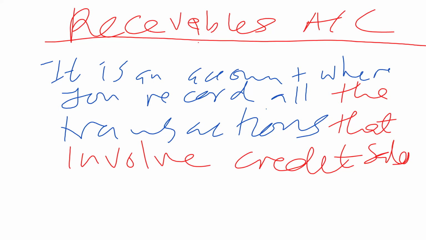It is showing us the amounts of money that your customers owe you. Tell me when you're done writing so that we move on. I'm done, sir. All right. Hoping that you are writing, and that is very important.